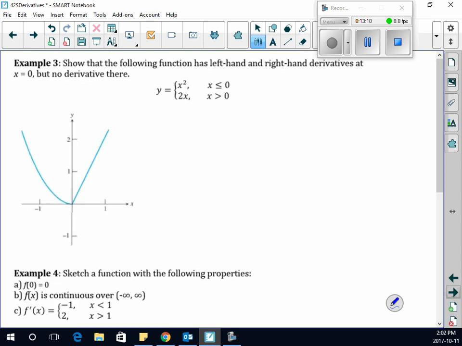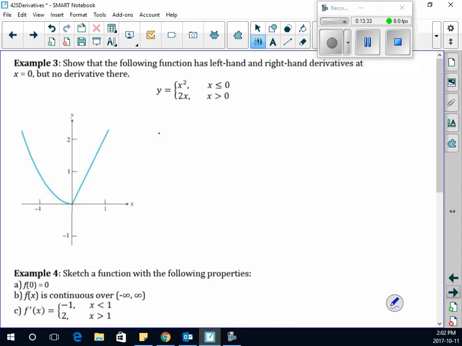So here's the next one here. Show that the following function has left-hand and right-hand derivatives at x equals 0, but no derivative there. So we're going to find the left-hand limit at 0 and the right-hand limit at 0, and then if they don't equal each other, then we know that the limit doesn't exist at 0.